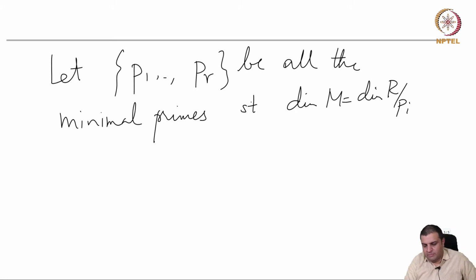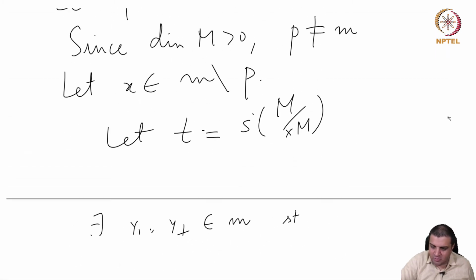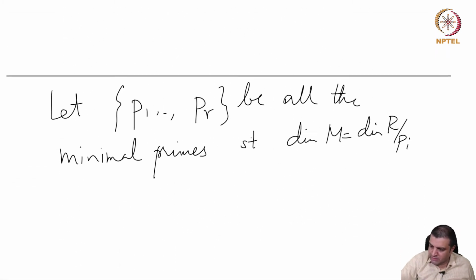Remember, the dimension of a module is the maximum of dimension of R mod P as P runs over the minimal primes. Among them, some of them are equality and some of them might be smaller. So just pick the ones that have equality. Don't care about anything else. This is how we worked out in the previous example. We wanted to pick the start of a system of parameters by avoiding primes that determine dimension. Sorry, I had not picked that at this stage. We need to pick that way.